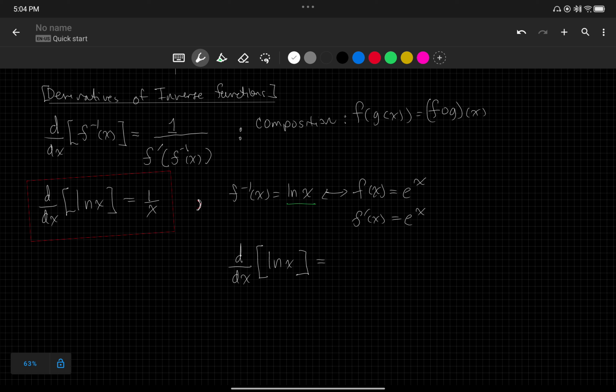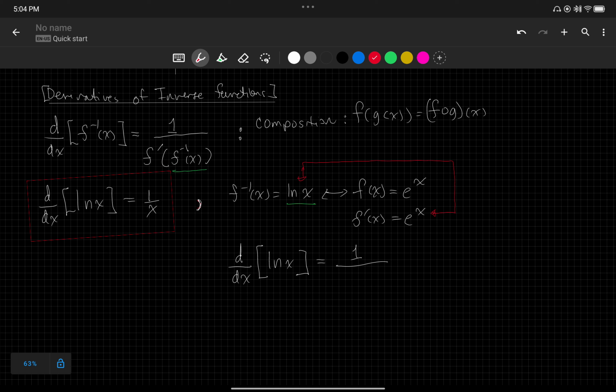And it equals 1 over the composition. So in other words, notice that the inverse is inside of the derivative. So the inverse is inside of the derivative means that I'm going to have to take the inverse, which is this guy, and plug it inside of the derivative, which is in there.